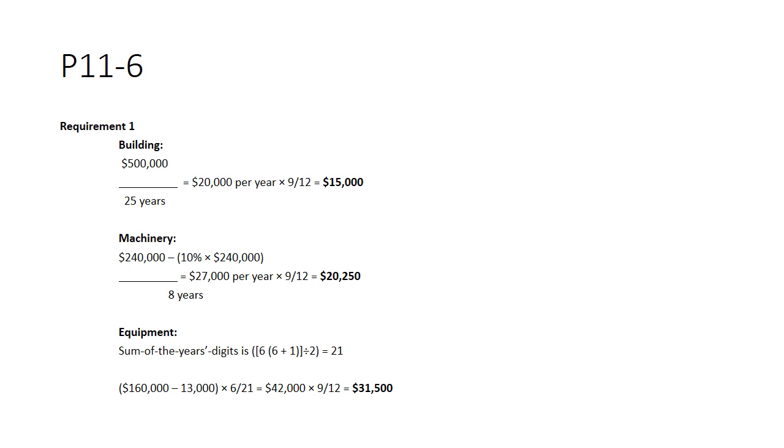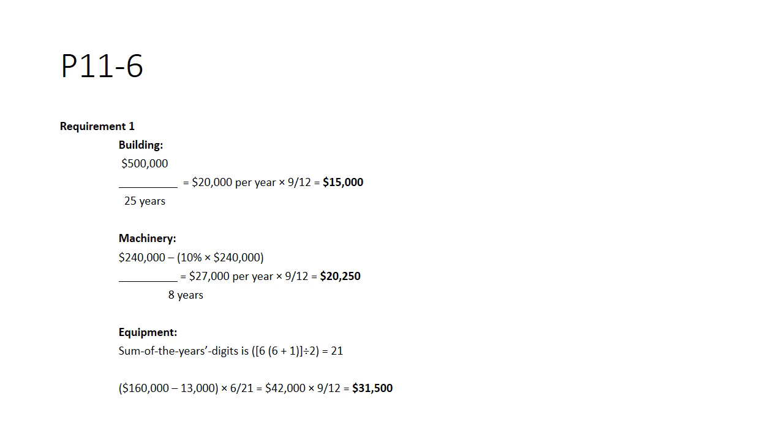An easier way of doing that is taking the life of the asset times the life of the asset plus 1. So 6 times 7, or 42. Divide that result by 2. So it's always the life times the life plus 1 divided by 2, or 21. That denominator will remain constant throughout this entire calculation of depreciation expense on the equipment.